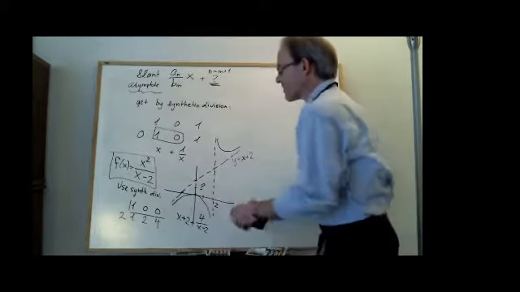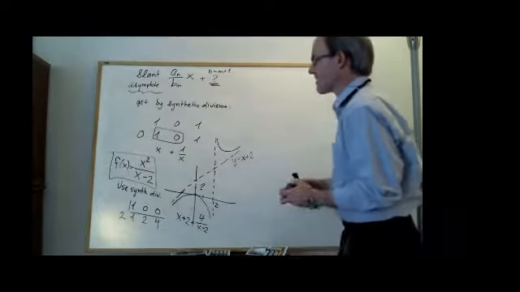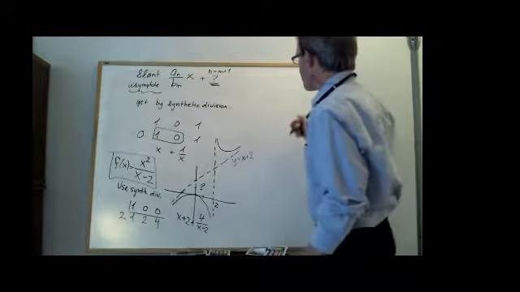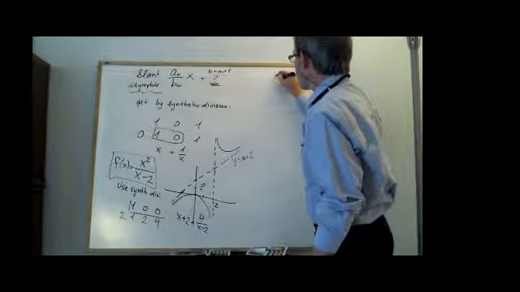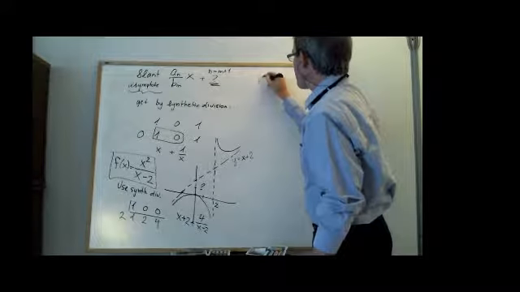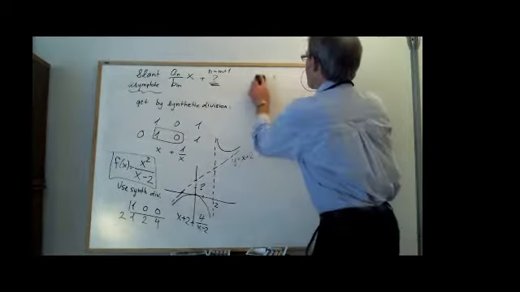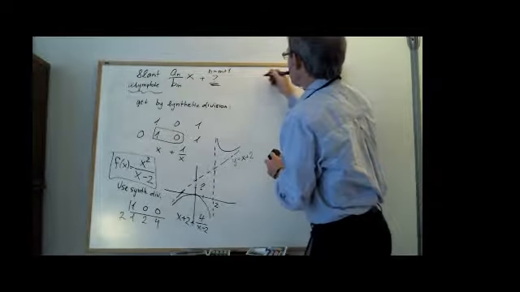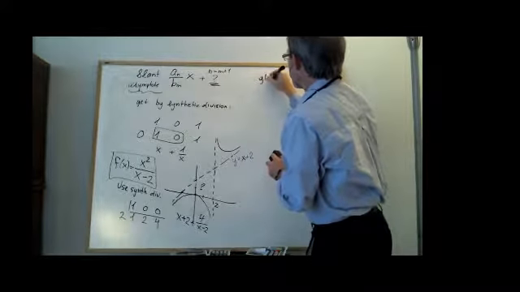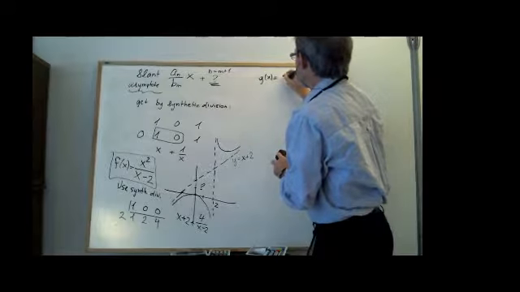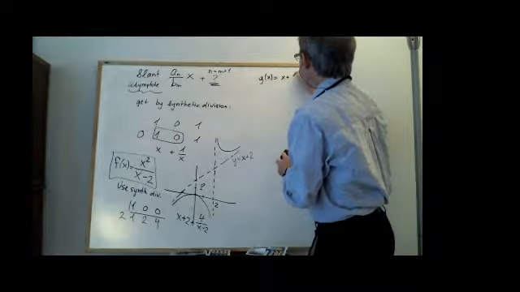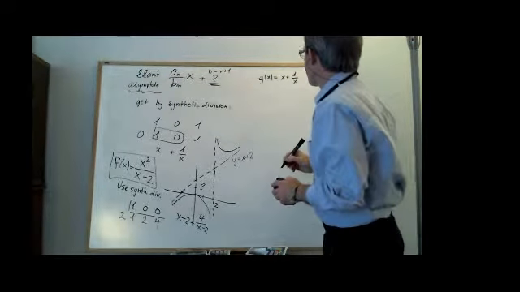Actually this function here is obtained from this other one by shifting. So the other one that we did, it's called g of x, x plus 1 over x, right?